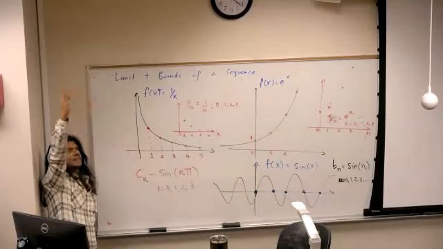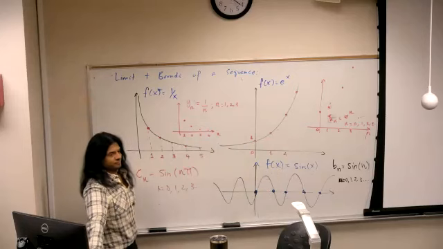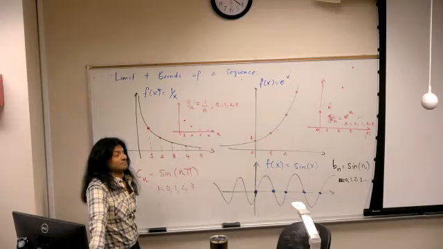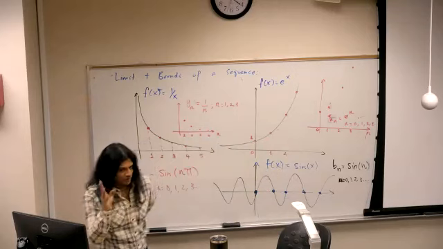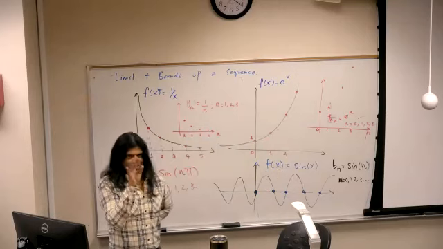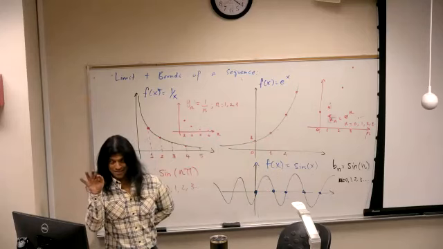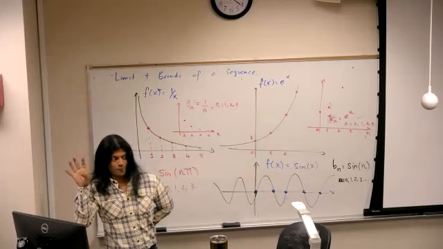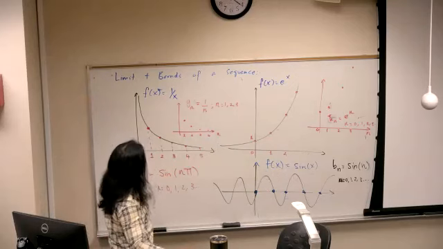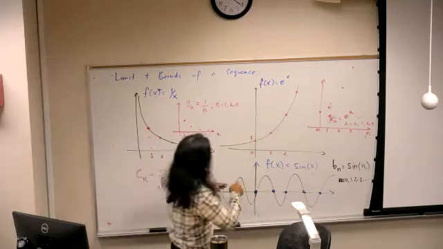So 30, 60, 90. How about this? Think of the sequence 0, 30, 60, 90, 120. That should tell you how to get it.